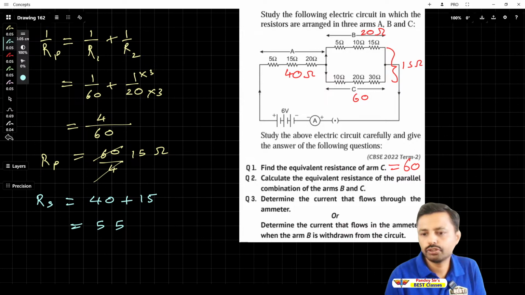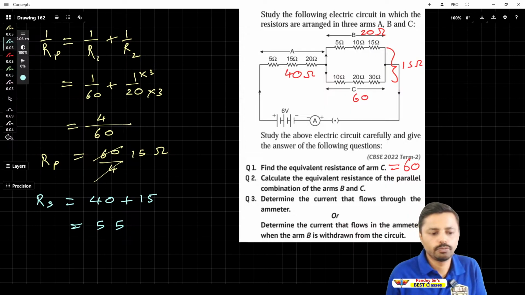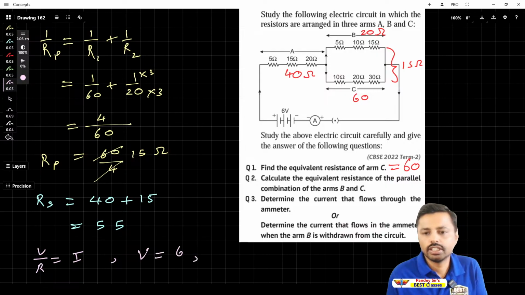Now which formula should we use to find the total current? V equal to IR, so V by R equal to I.